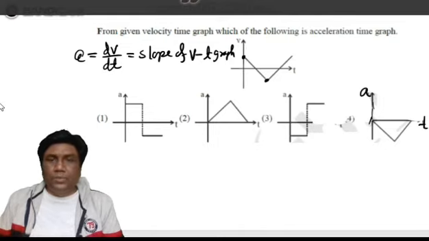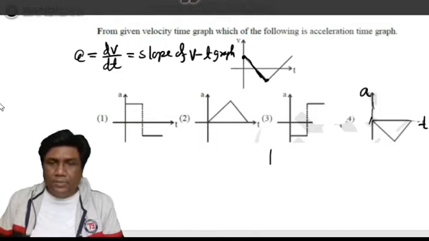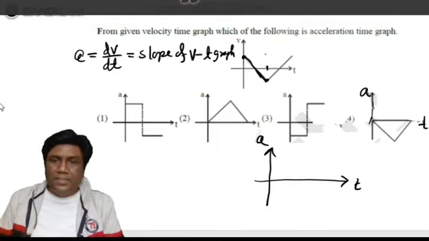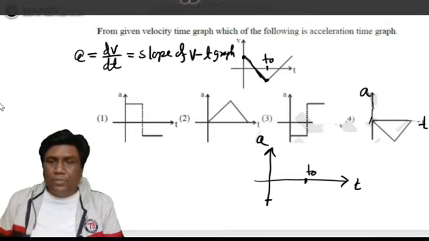So it means acceleration should be just negative only. For this part acceleration should be negative, but it should be constant. Well, so if I want to plot the acceleration time graph, first of all, up to time, say this is t naught, up to time t naught, acceleration should be negative and it should be constant.